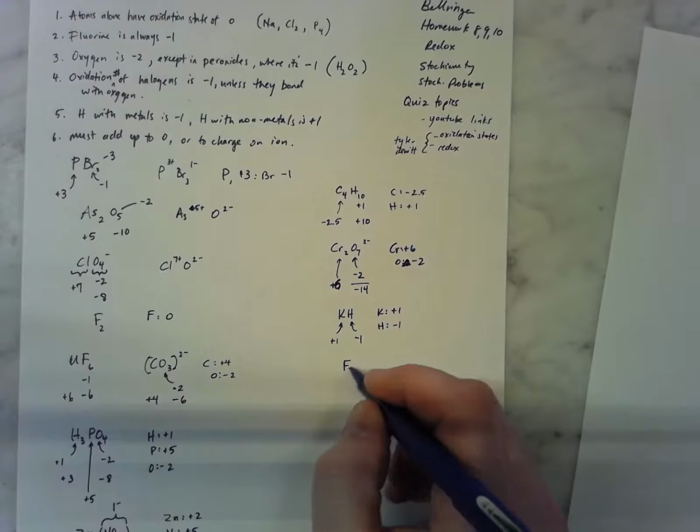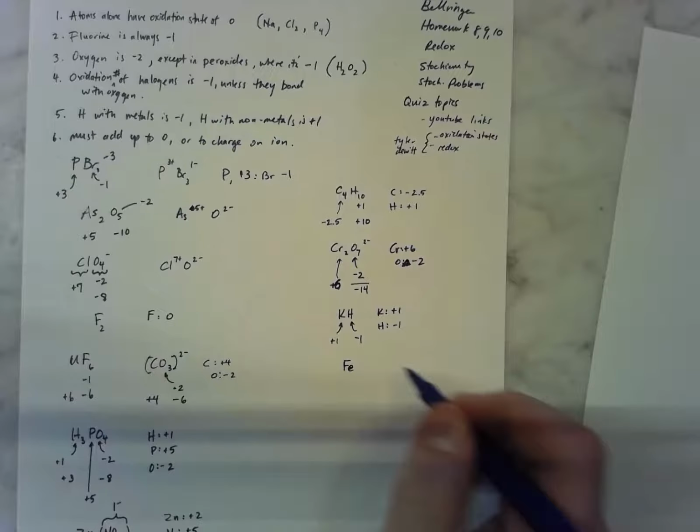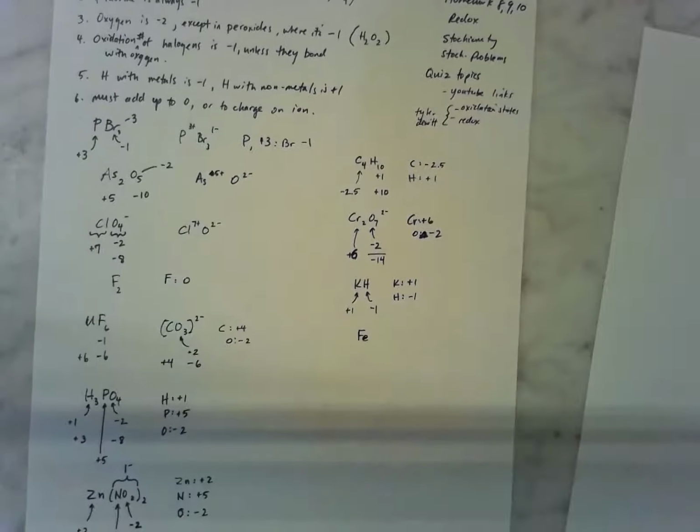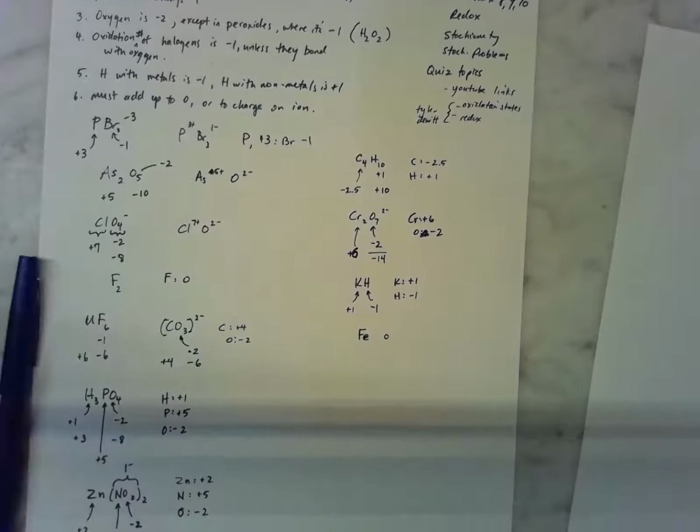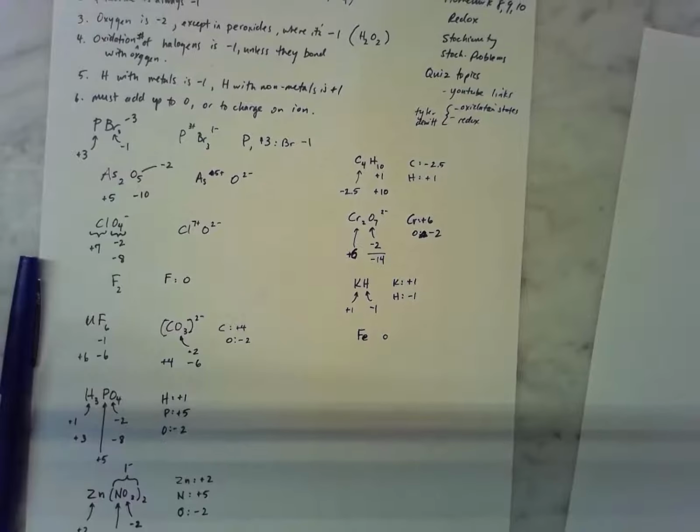All right, and then Fe, what is it? It's by itself. It's a pure element there, so it's 0. Okay, and so you should be able to follow your way through those things.